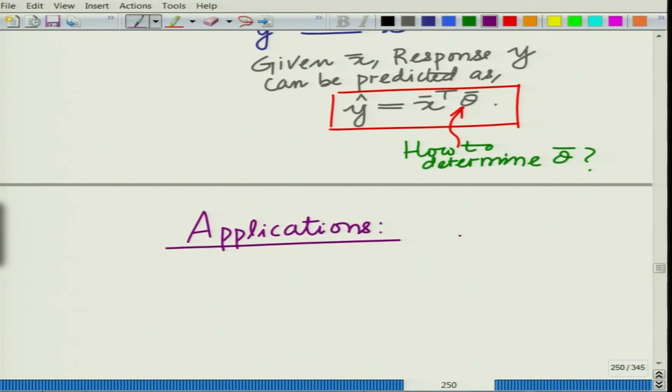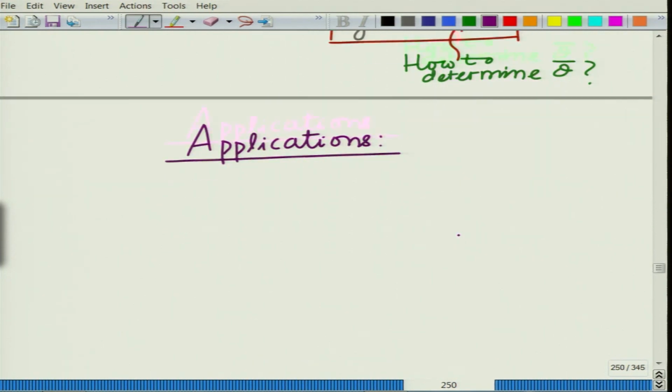Let us look at some examples, some applications of this. As I have already told you, linear regression is very important and has several applications.